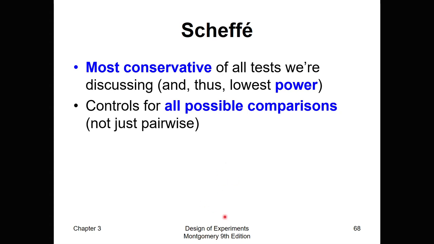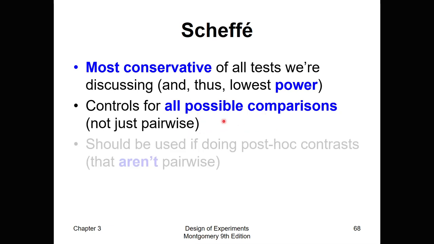Or I want to do a combination of group 1, 2, and 3 and compare to group 4 and 5. So these are like the contrasts that I was talking about in an earlier slide. Scheffé's method accounts for all possible groupings of groups that you could compare, not just the pairwise comparisons where you compare one group to a single other group. So this accounts for all of that.